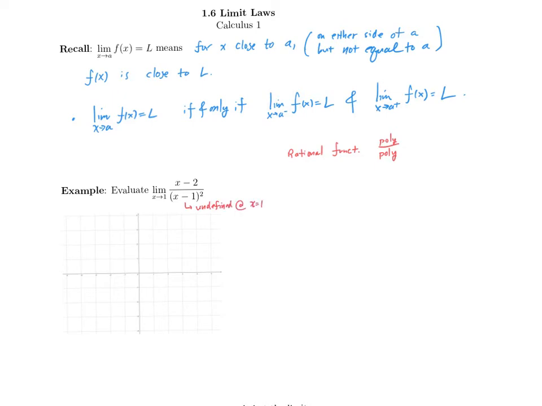And I do want to note that this rational function is undefined at x equals 1, which is perfectly fine because remember when we are evaluating the limit, it does not matter what happens at 1. It only matters what happens for values close to 1. And because it's a rational function undefined at 1 because of the domain of the function, we can't divide by 0, there's going to be a vertical asymptote at x equals 1.